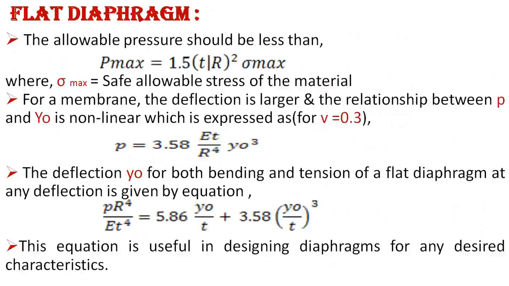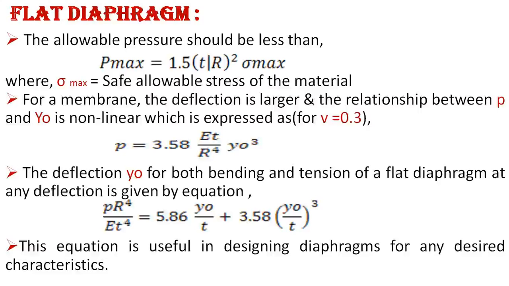The applied pressure should be less than P max, the maximum pressure, which is equal to 1.5 × (T/R²) σ max, where σ max is the maximum allowable stress of the material.